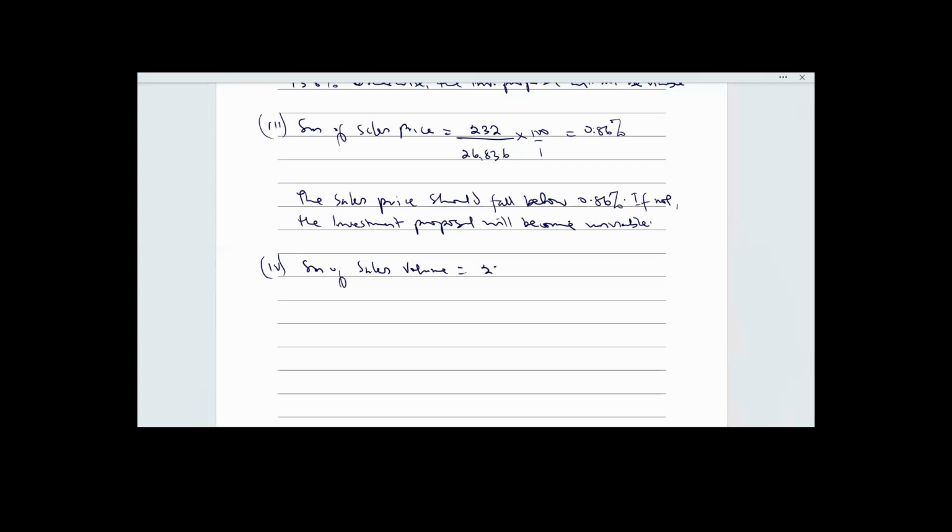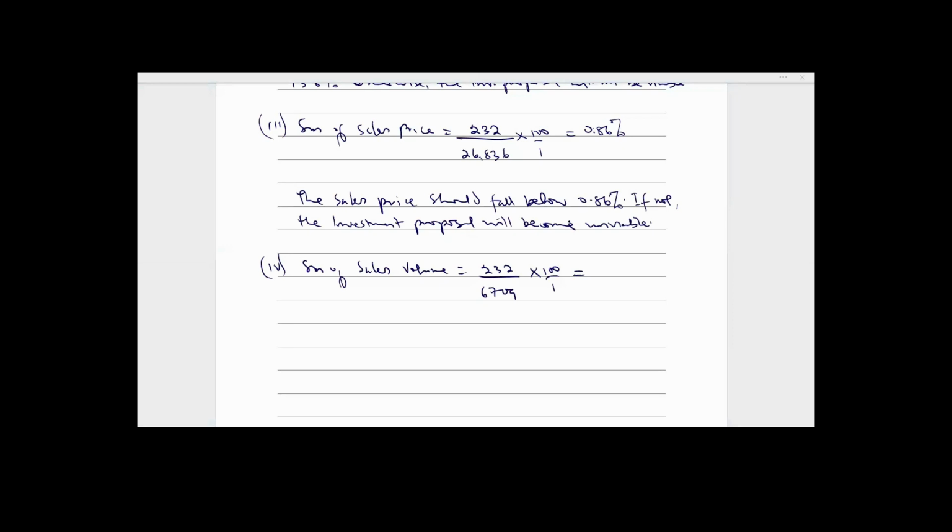So 232 divided by 6709, multiplied by 100 over 1. What do you have there? 232 divided by 6709, multiplied by 100, is 3.46%.